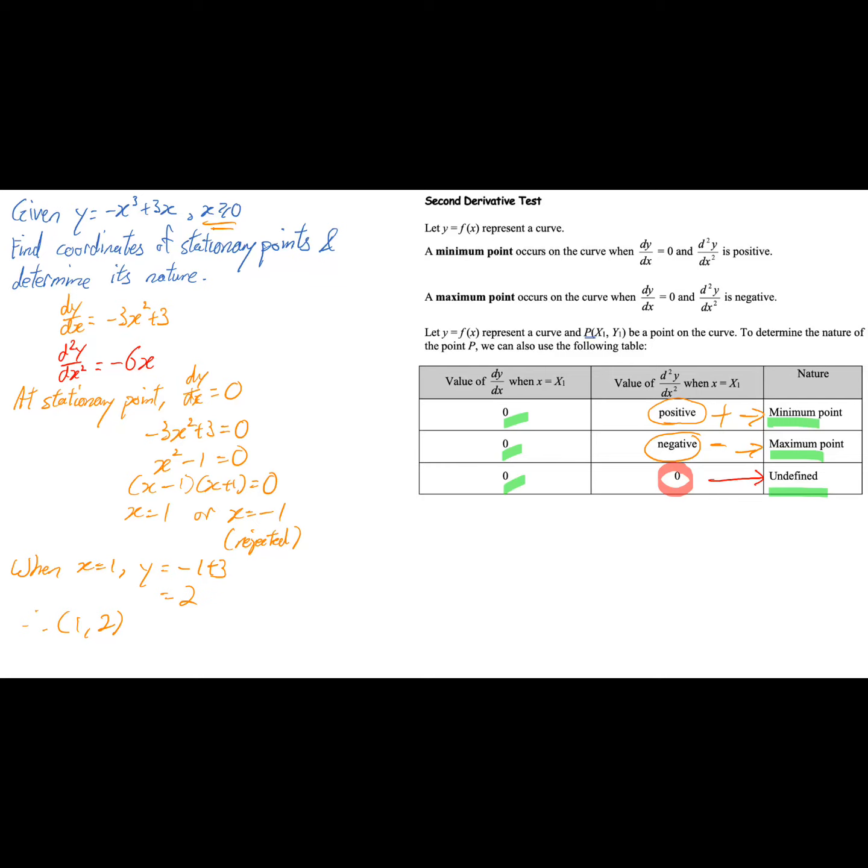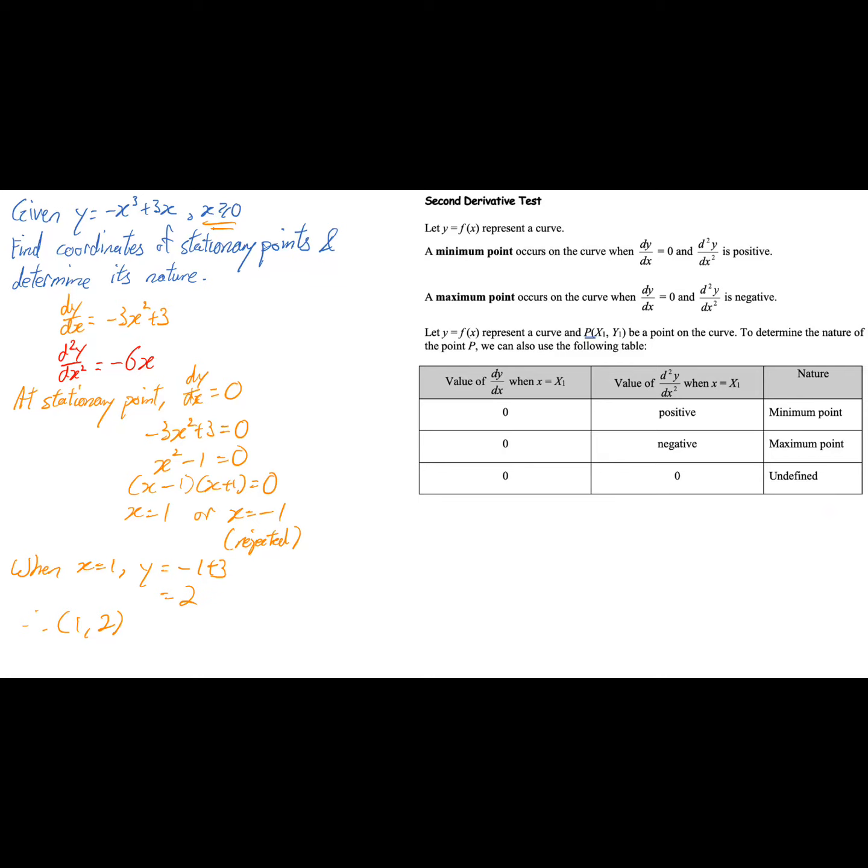But there are two types of point of inflection, one that looks like this or one that looks like this. So which is which? We don't know. So when it's undefined, we will need to go back to our first derivative test to determine the shape of the graph. With that understood, let us look at how to solve for it.